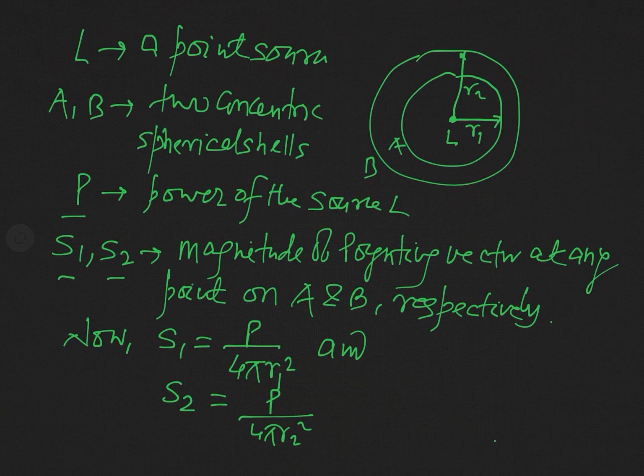Now we will find the ratio of the magnitude of these two Poynting vectors at distances r1 and r2. If we find S2 over S1, P will cancel out, and this will be r1 over r2 whole square.